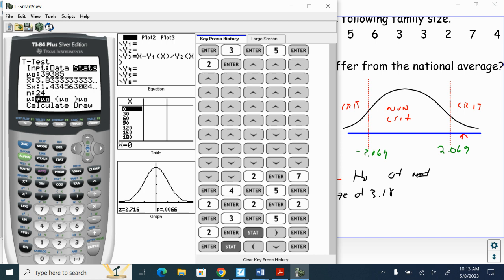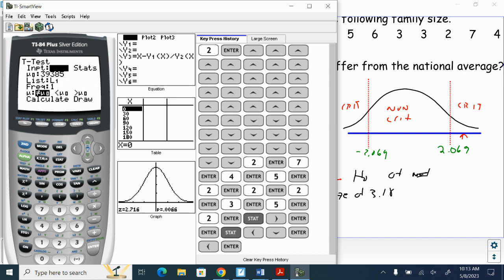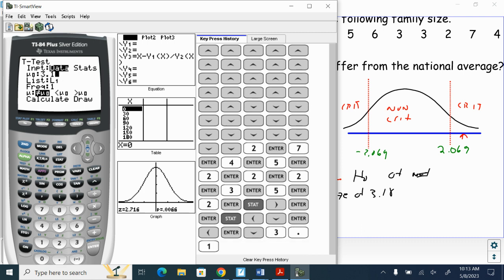But rather than just entering in statistics, we now have data. So you have to go over to data and hit enter. Data is now highlighted, because that's going to pull our data from list 1. Our mu naught is 3.18.